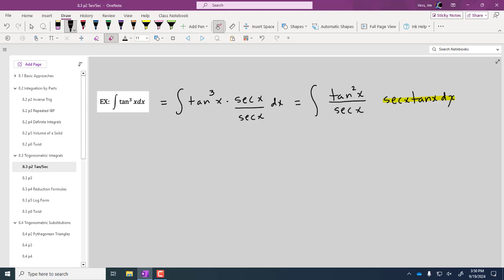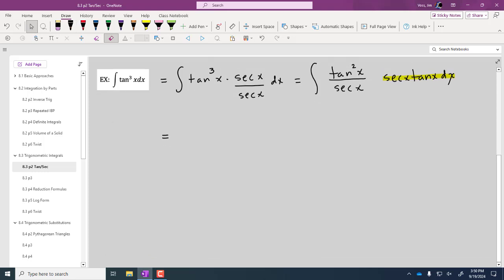So here's where you need to know that identity I talked about last week. Tan squared, if you think about that visual, very helpful because you're going to use it a lot. If you have a unit circle and you extend beyond the unit circle and you create this triangle, this side is tangent, this side is 1, and the hypotenuse is secant.